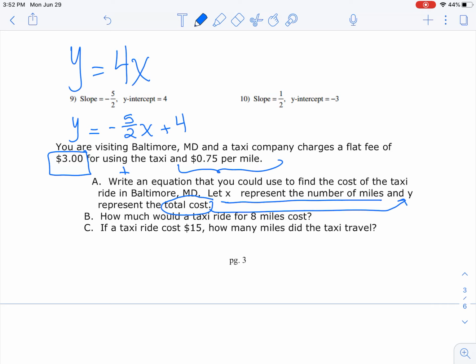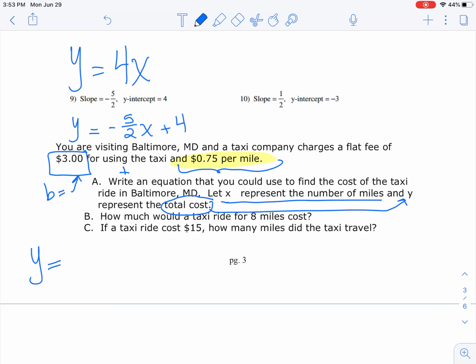All right, so how much would a taxi ride cost? Okay, so let's get to that question next. Let's first come up with our equation. So in this example, y equals, now the flat fee is like your constant. This is going to be your b. While the 75 cents per mile, okay, so if you go 5 miles, 10 miles, you're going to multiply that by 75 and add 3.